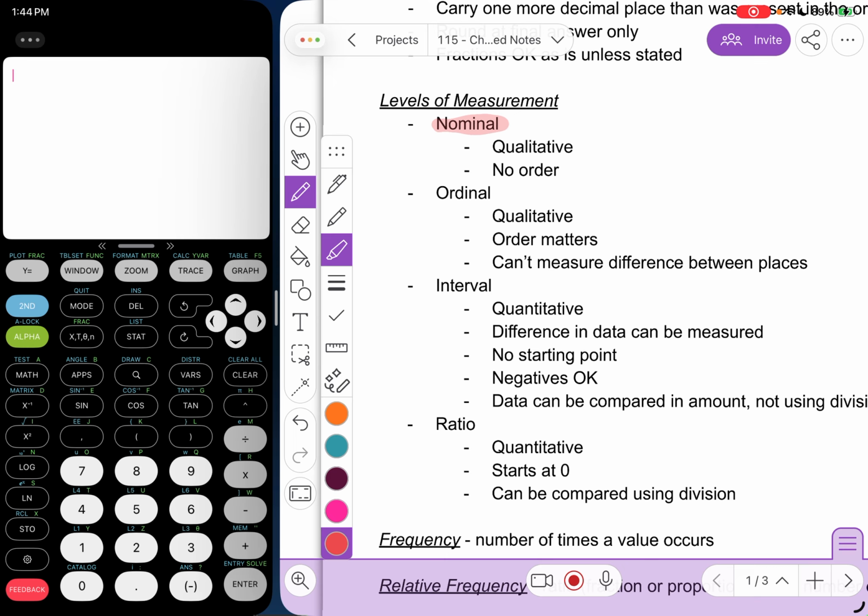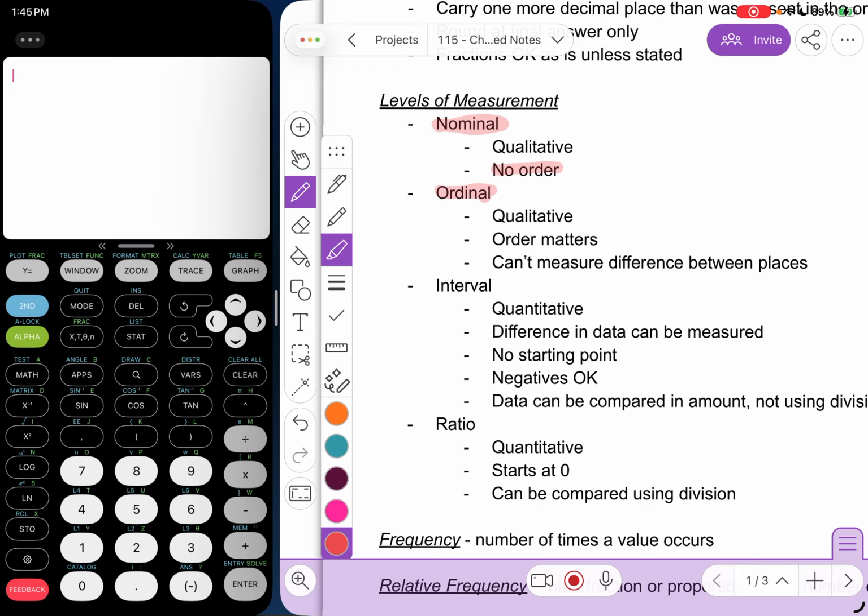There's not an order that necessarily matters. So you're just naming things. Colors. That's kind of where you have those jersey numbers I talked about a little bit in the last section. Your soccer players might have numbers on their jerseys, but that number doesn't necessarily mean anything. It's just the number they got.